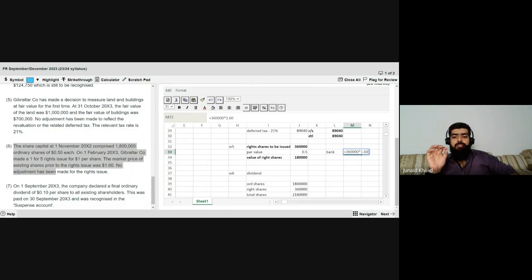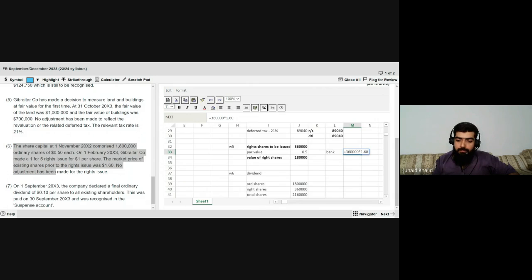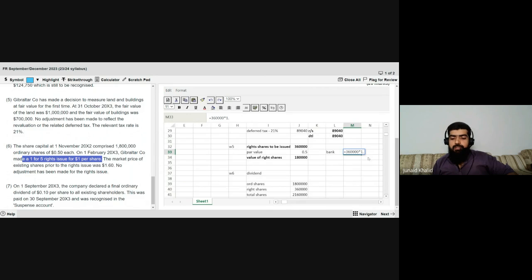Because we have issued 3,60,000 shares. No, we have issued these shares for $1 per share. So it means we have issued 3,60,000 shares, and the shareholders will be paying me $1 per share. So I'll be receiving $3,60,000.